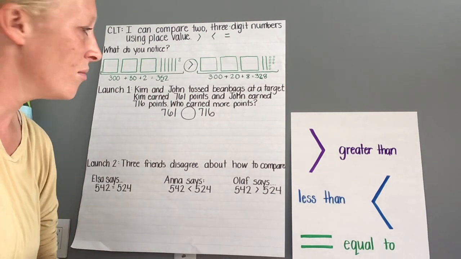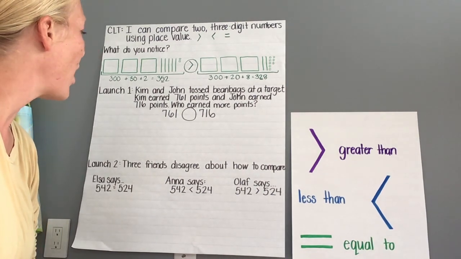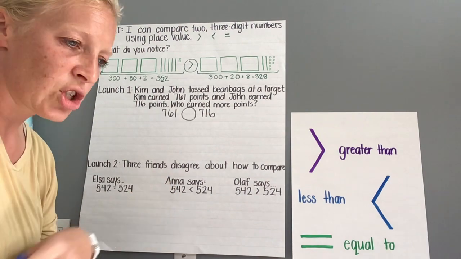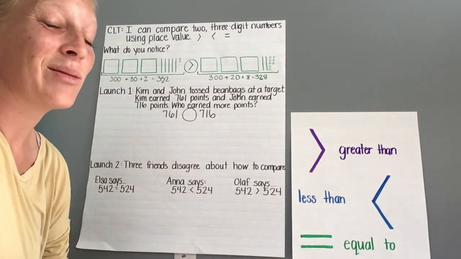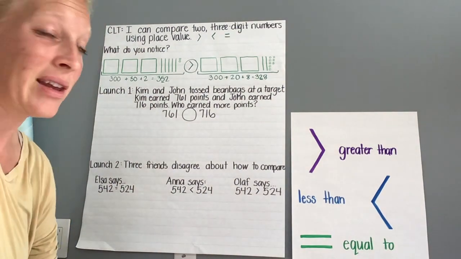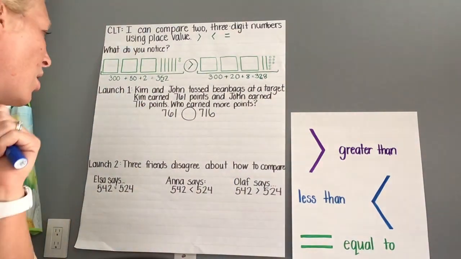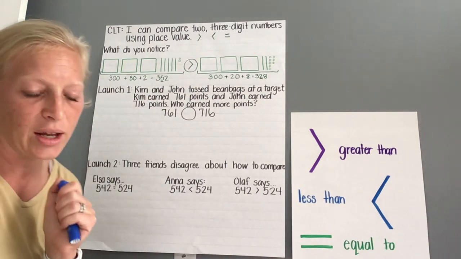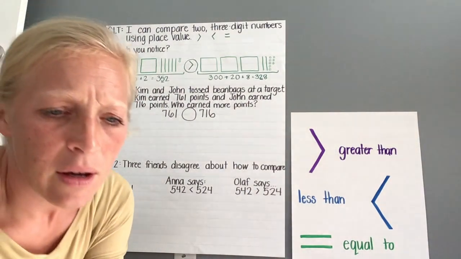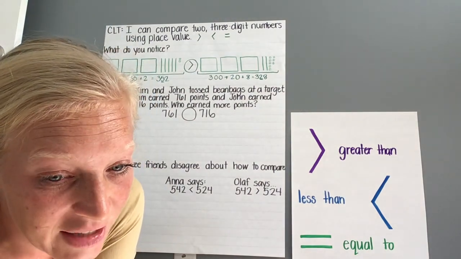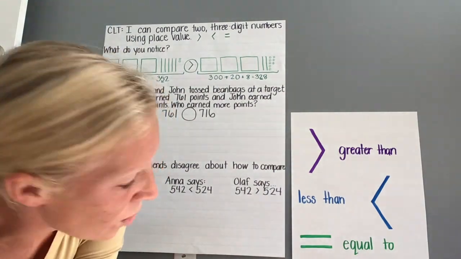Take a minute at your seats. Give yourself some private think time and see if you can show me or tell me which number was more, or who earned more points. And you have to prove to me how you know. Go ahead and go. What do you notice? The hundreds are the same again? Yes, they are. So what are you going to look at next?